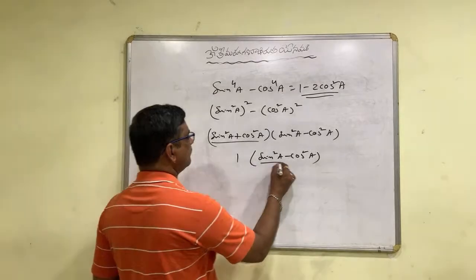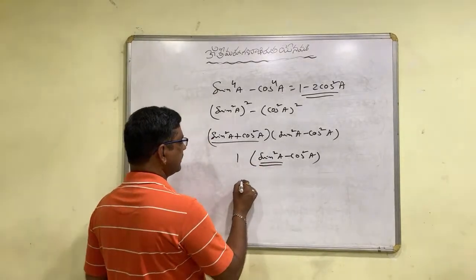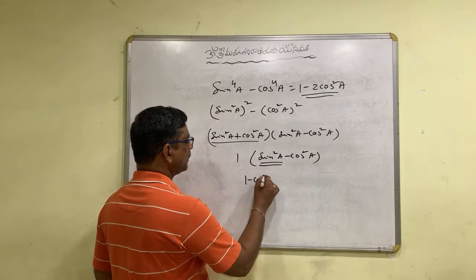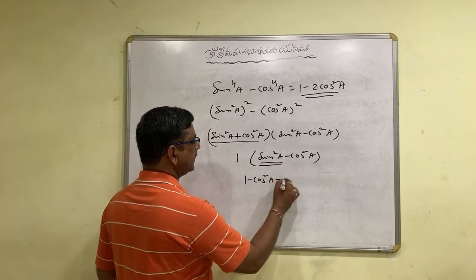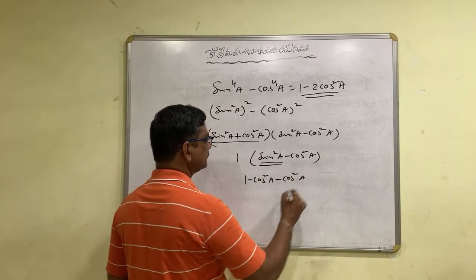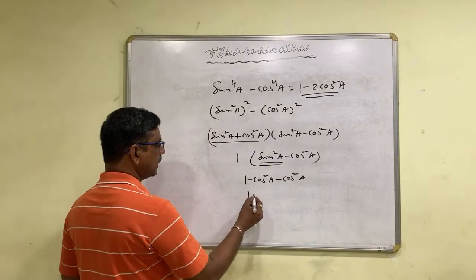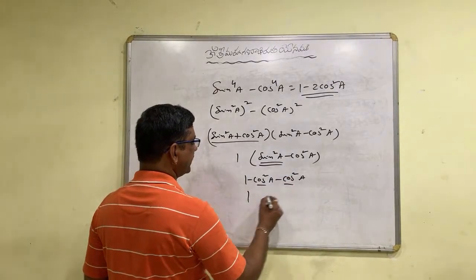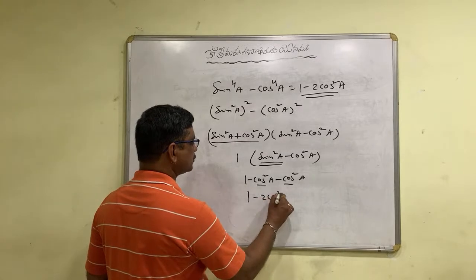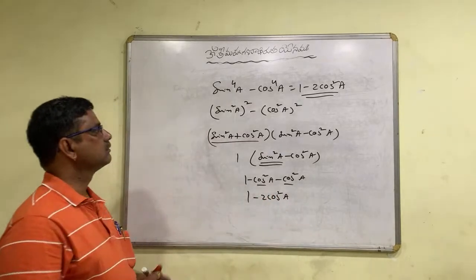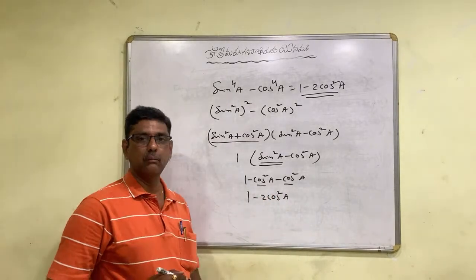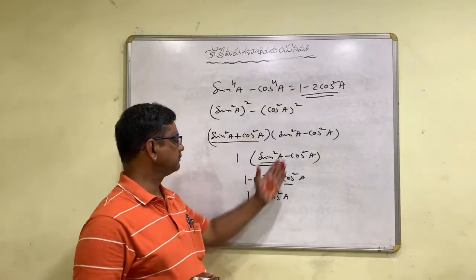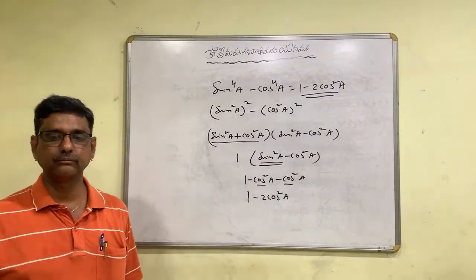Here, sin square A I will write as 1 minus cos square A, and then minus cos square A. So 1 minus cos square A minus cos square A is 1 minus 2 cos square A. So the answer is 1 minus 2 cos square A. We got the answer.